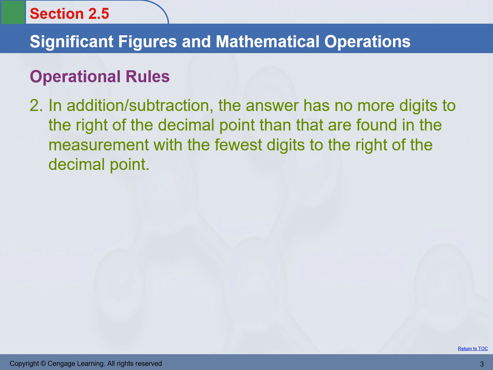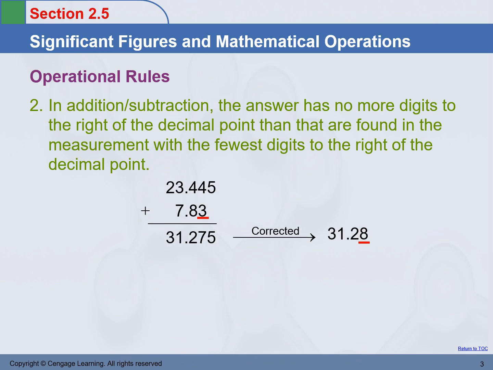Your answer should have the same number of digits after the decimal as the measurement that has the fewest digits after the decimal. Two measurements: the first one has 3 digits after the decimal. The second one has 2 digits after the decimal. By the rule, your answer will have 2 digits after the decimal.